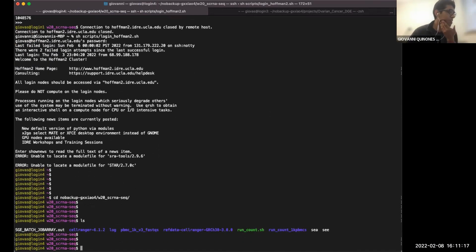So Huffman is this computer cluster here at UCLA. You can think of it as a collection of computing resources that you can log into, and then you can run a program or a script that requires a lot of resources, high memory, or needs to be running for a long time. And here on my Huffman account, I have downloaded some 10x data. So here I'm just going to show, let me actually share my whole desktop.